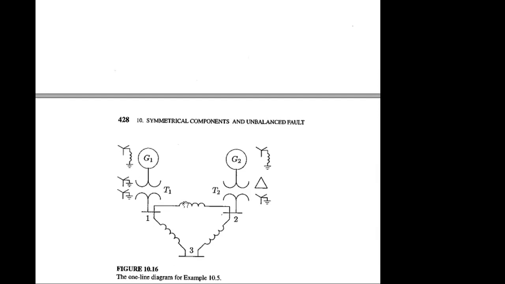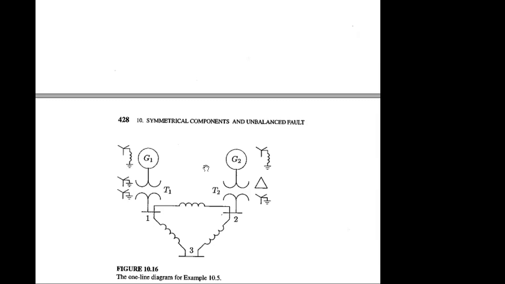In a single line diagram, if you can recall, there is some information regarding the internal connection of generator and transformer. One important aspect regarding this fault calculation is the transformer equivalent circuit or zero sequence network.